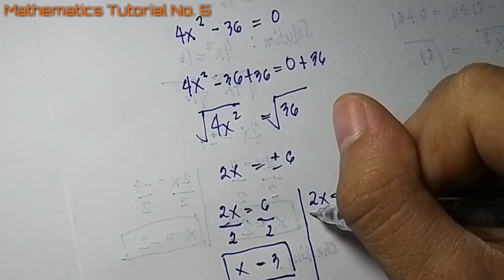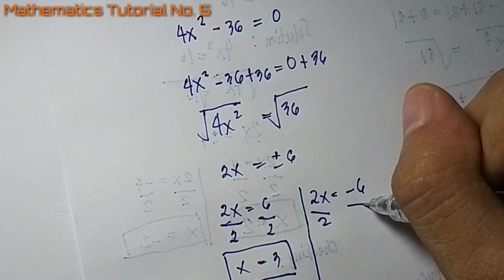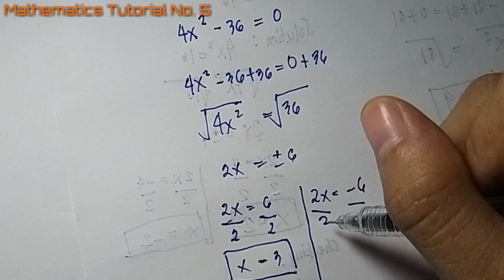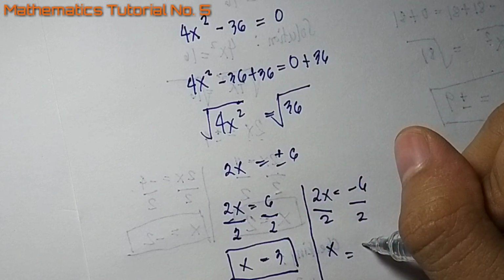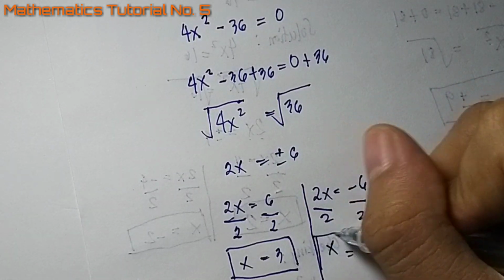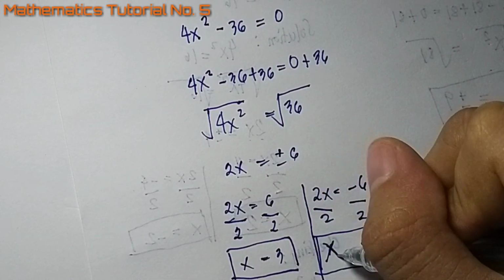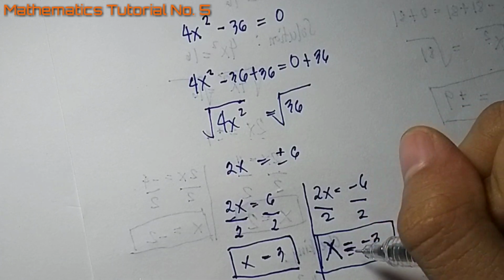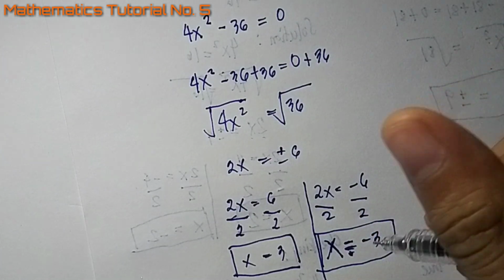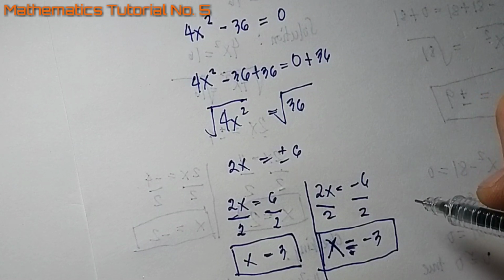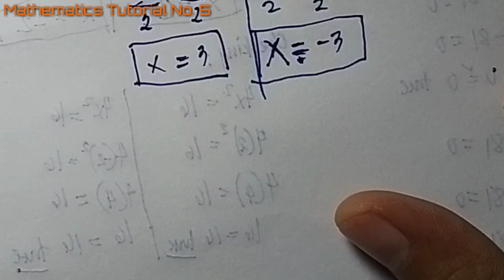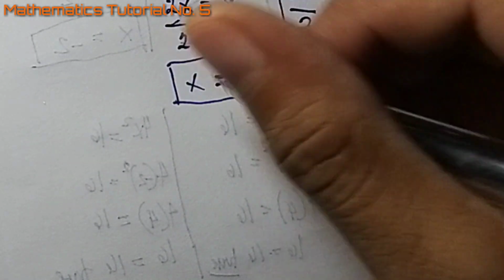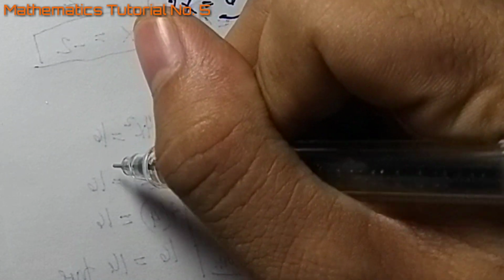On the other side, we divide both sides by 2: 2x divided by 2 is x, and negative 6 divided by 2 is negative 3. So x is equal to negative 3. So we have two solutions, positive 3 and negative 3. Let us check.